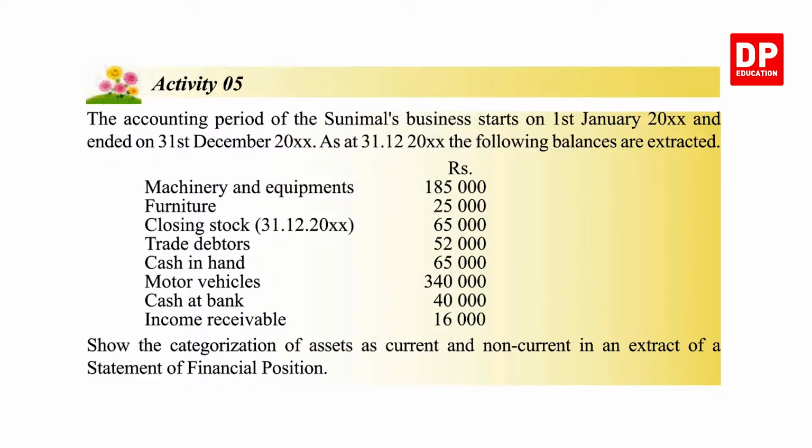Machinery and equipment, non-current assets. Furniture also same, non-current assets. Closing stock, current assets. Trade debtors, current assets. Cash in hand, current assets. Motor vehicle, non-current assets.